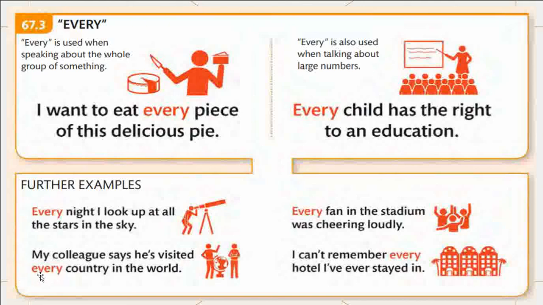Now, mentioning a number of countries as a group, talking about many countries the person has visited. Every fan in the stadium was cheering loudly. Now, every means talking about the entire group of people cheering loudly.